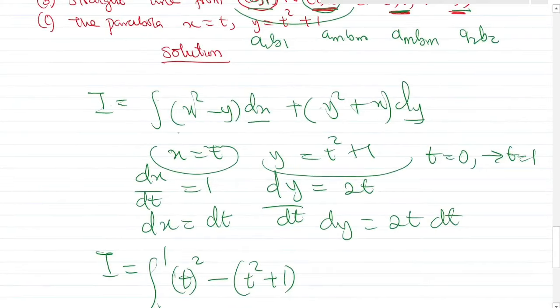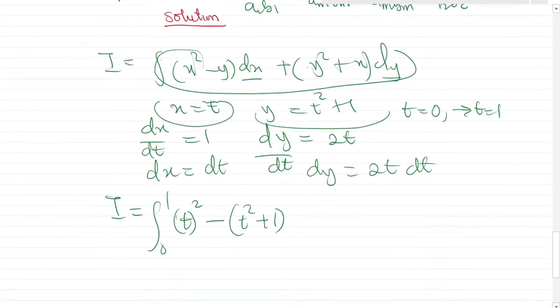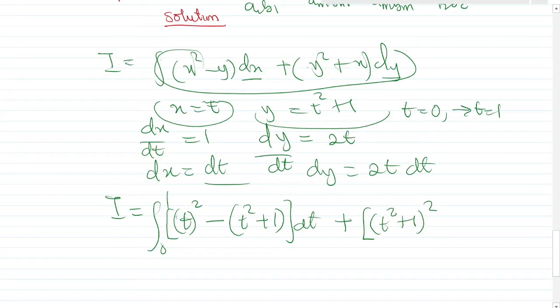I'm rewriting the integral in form of t. So t squared minus y, where y is t squared plus 1. Then you change your dx to dt. Plus y squared. What is your y? Y is t squared plus 1, that squared.